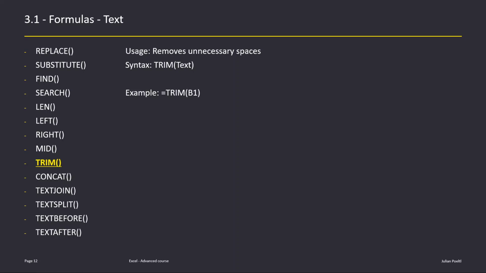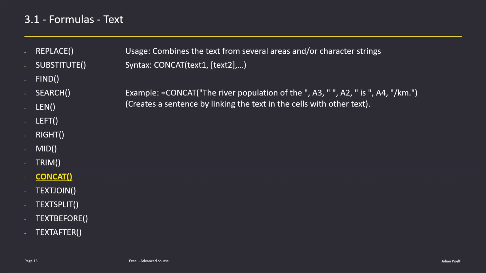So trim removes unnecessary spaces. So if you have a text that has a leading space or a space at the end of the word, it will remove these unnecessary spaces. With CONCAT, you can combine several texts or text from cells and text you write into those formulas.